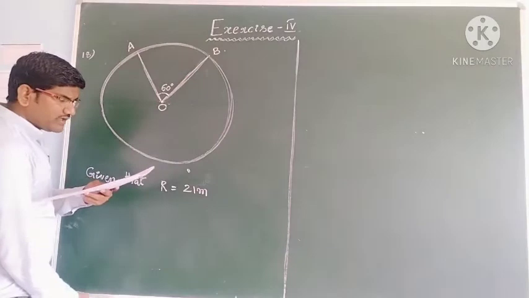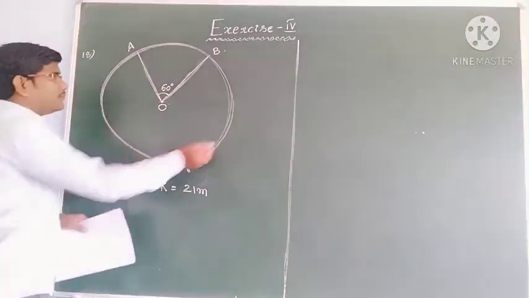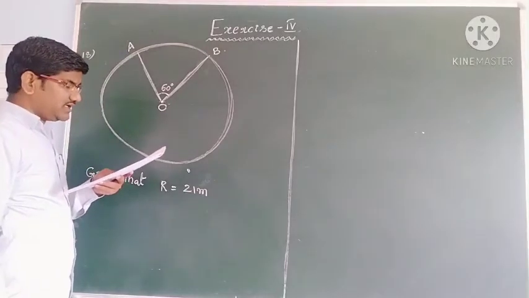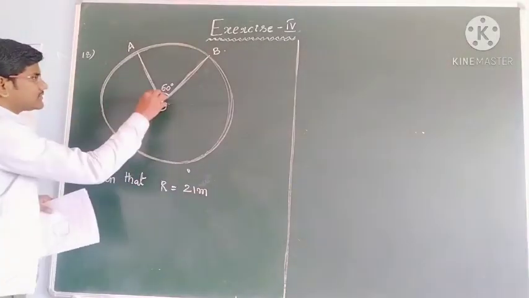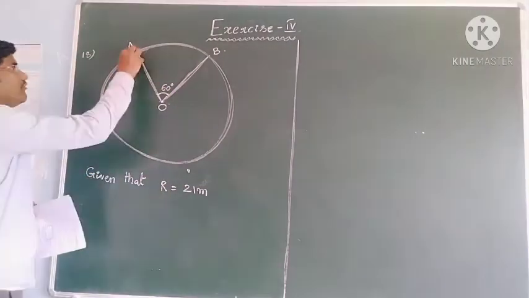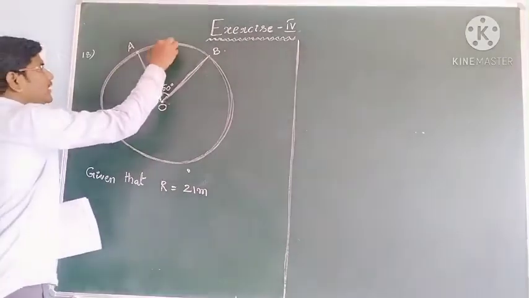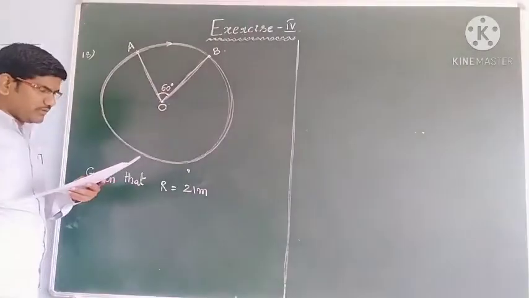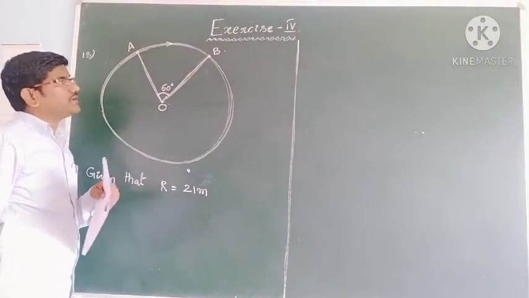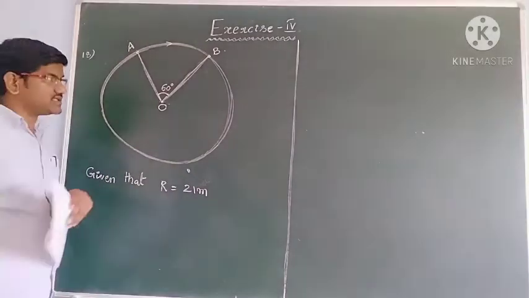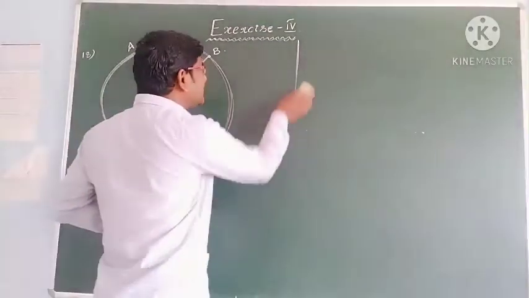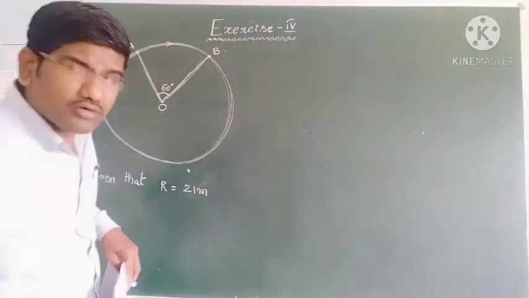This is the circular path and describes an angle of 60 degrees at the center of the circle while moving from A to B. Find the distance and the displacement of the body. So we have to find distance and displacement.